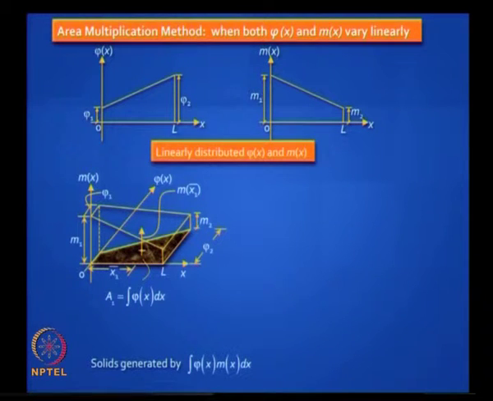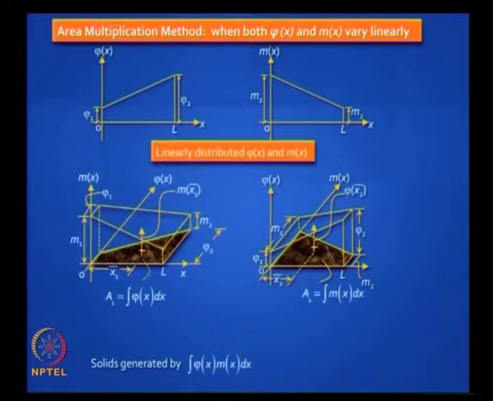One of the most common examples is when you have to multiply two trapeziums. Let us say the curvature diagram is also a linearly varying diagram, then it does not matter which you put on the ground, because you will get an accurate answer either way, and this is the solid that you get.